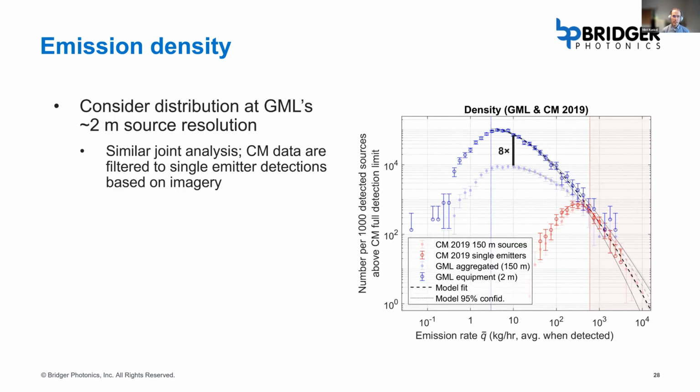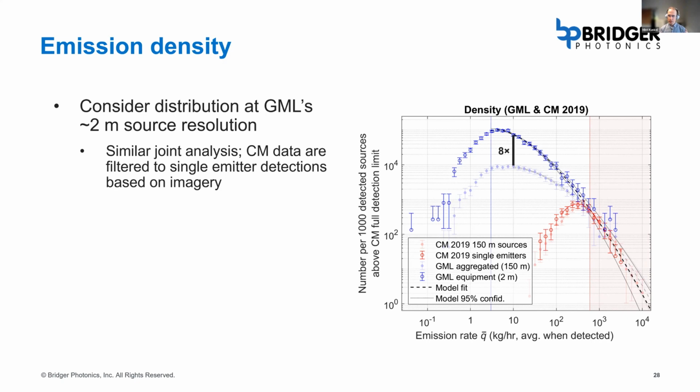Now we also want to consider a 2 meter source resolution. To do this, we use a similar joint analysis where we compare GML and carbon mapper above the full detection limit. What we've done is filtered the carbon mapper data to single emitter detections based on plume imagery.